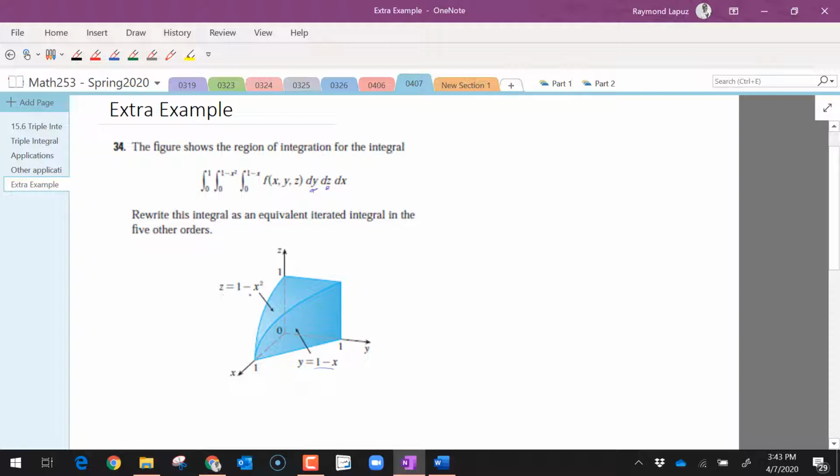You can see the z equals 1 minus x squared portion here. And x goes from 0 to 1. So apparently after this, there are 5 more triple integrals that we can set up with different limits of integration.